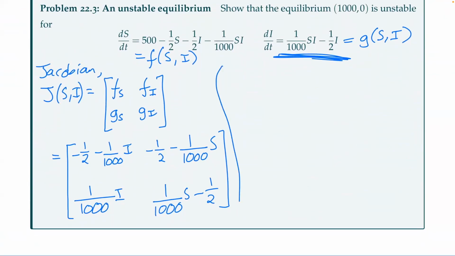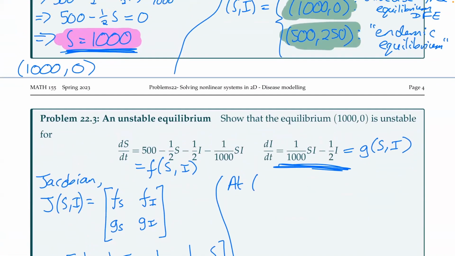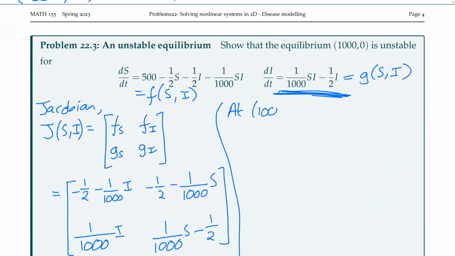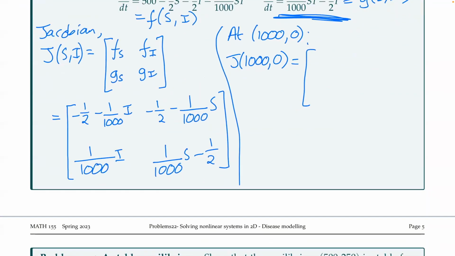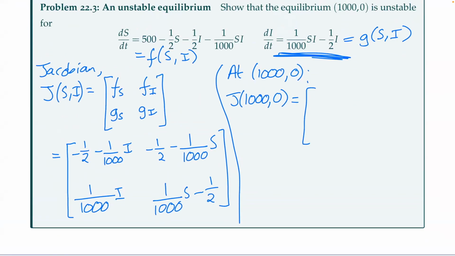Okay. So now we say, at our first equilibrium, our disease-free equilibrium, we had 1,000 susceptible individuals and 0 infected individuals. What's our Jacobian? So J at 1,000, 0. Just substitute these values in. Minus a half, minus 1 over 1,000 times 0, so it's just going to be 0.